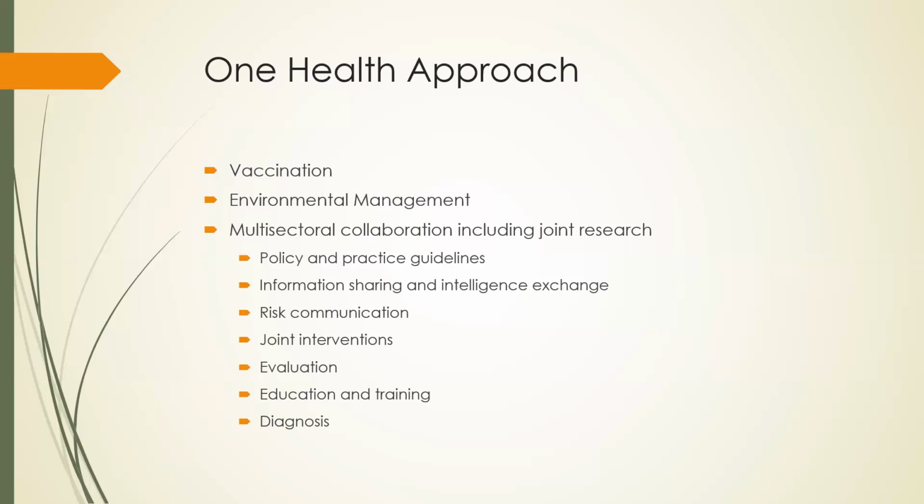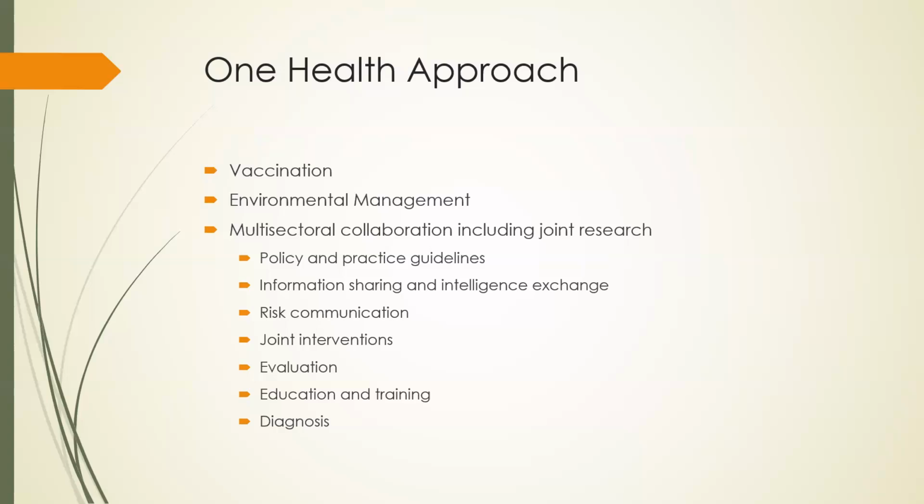Information sharing and intelligence exchange is also required between human and veterinary doctors. Risk communication, of course, whatever the risk points are, should be discussed and shared with the common people also, that these are the risks if they are in and around any farms.